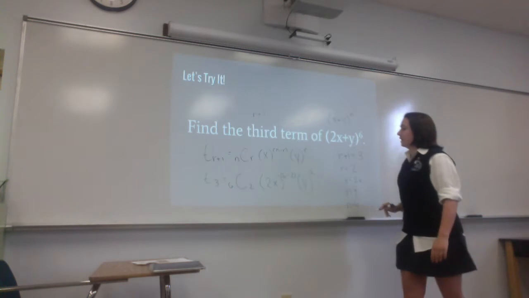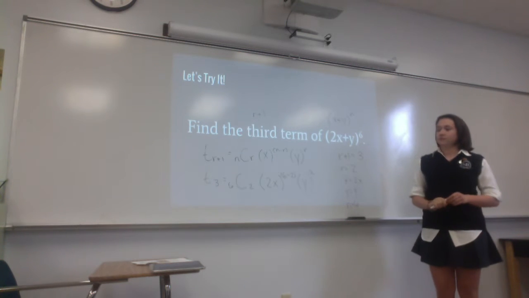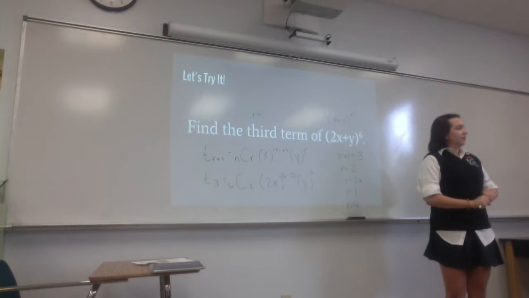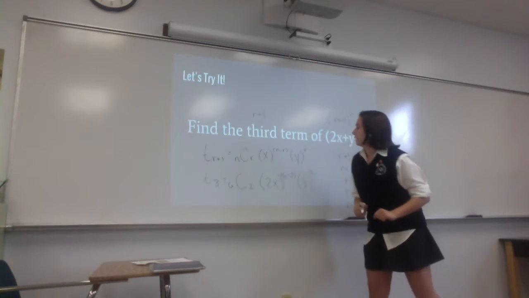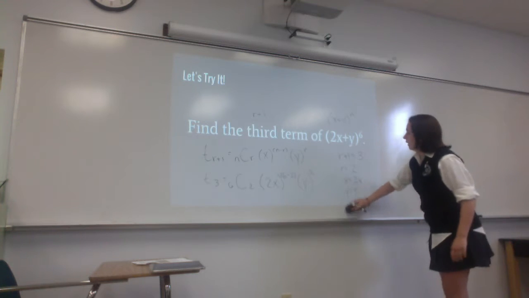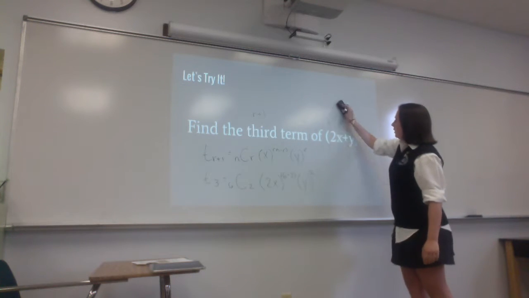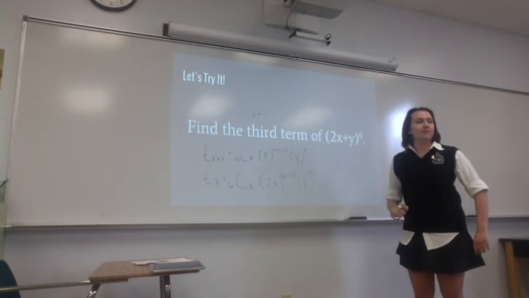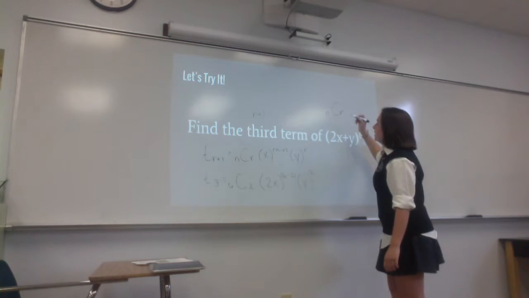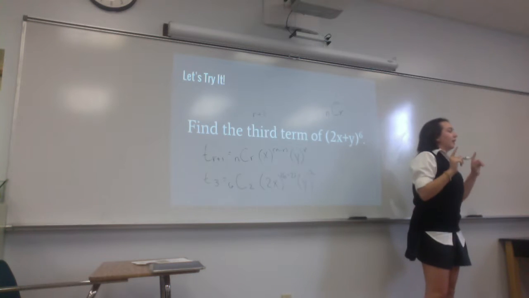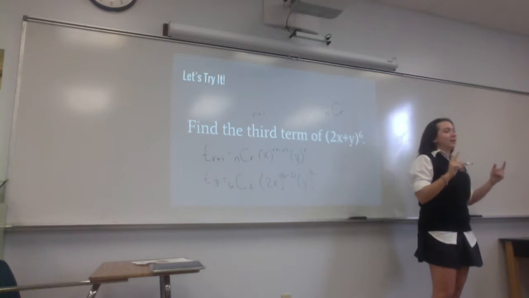Okay, what's the next step, guys? You have to do your 6 choose 2. Yes, we have to use our combination formula to find the number for this. So, does anyone remember the combination formula? You could plug it into your calculator, but since we are smart IBSL math students, we can use our brains.